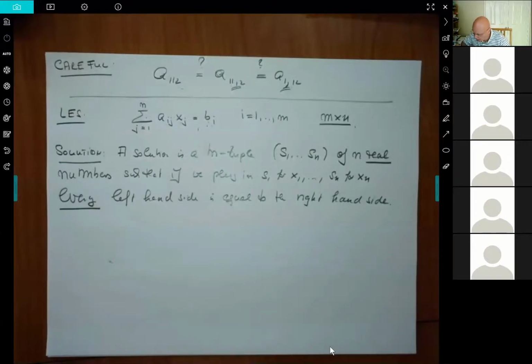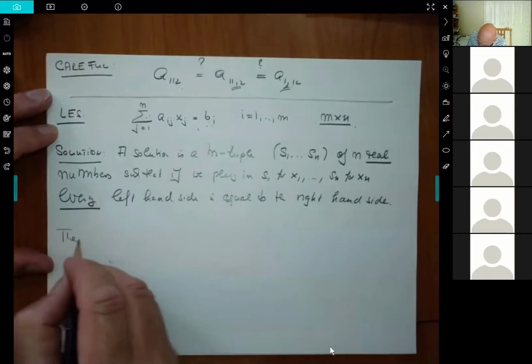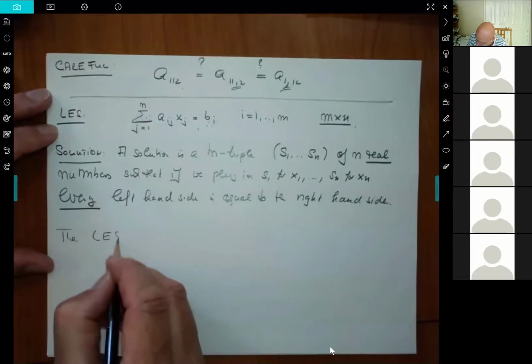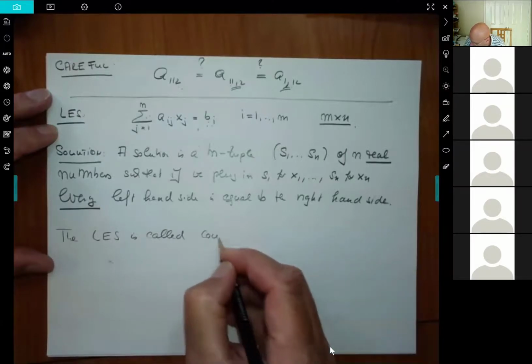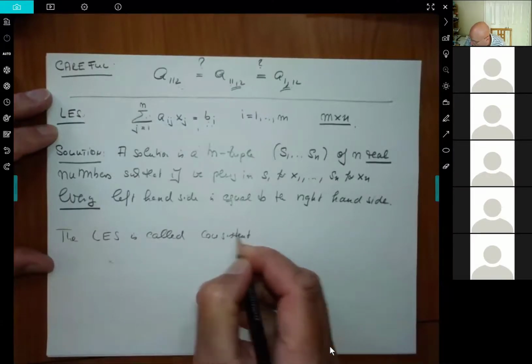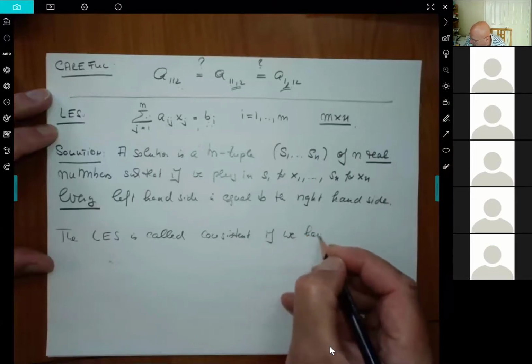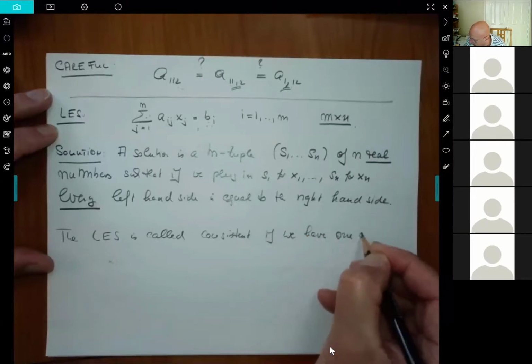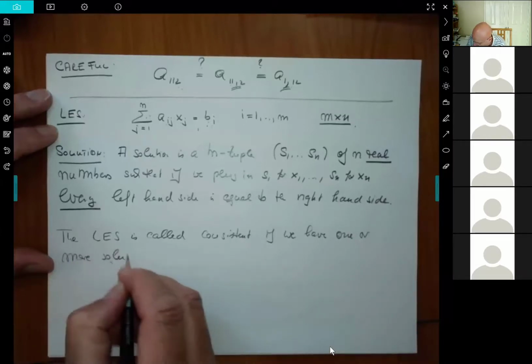Okay, and the last thing is again a notation. So the linear equation system is called consistent if we have one or more solutions.